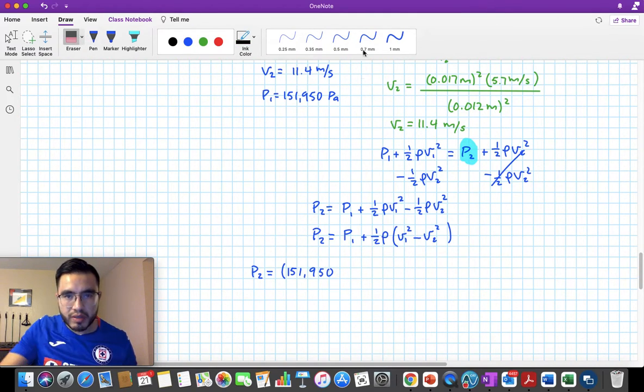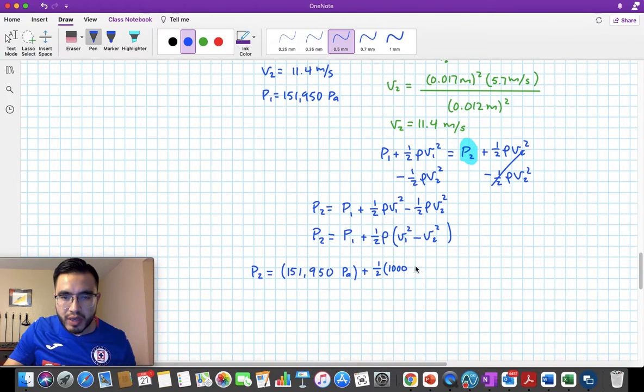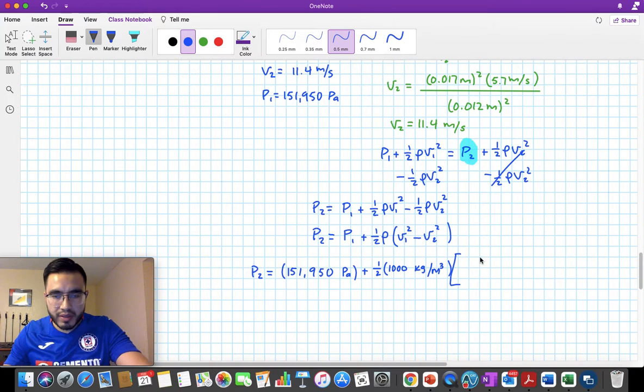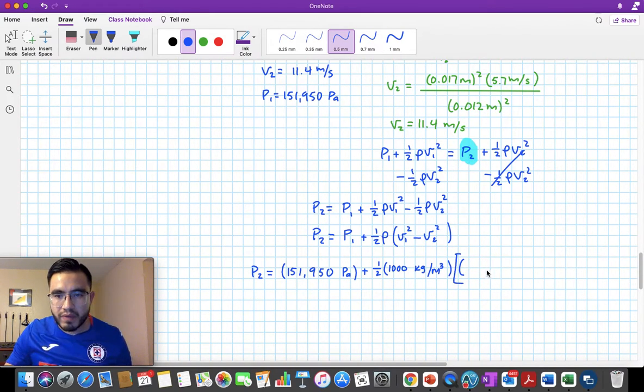Let me fix this real quick. There you go. Plus 1/2 times the density, which is 1,000 kilograms per meter cubed. It is the density of water. Times, use brackets, velocity 1 squared.